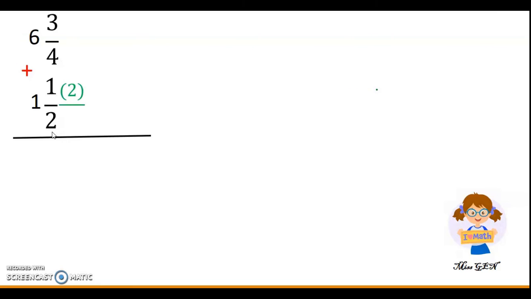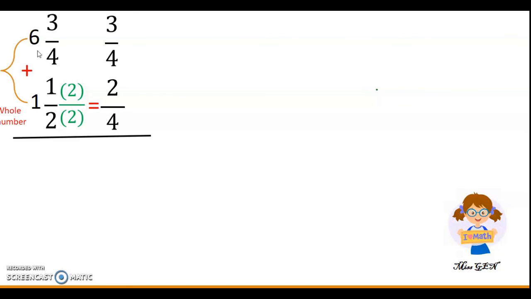So I will multiply the second fraction, which is 1 over 2, by 2 to give us a common denominator of 4. So the equivalent fraction of 1 over 2 is 2 over 4. So now we have a common denominator of 4.